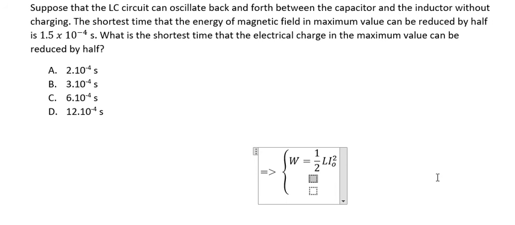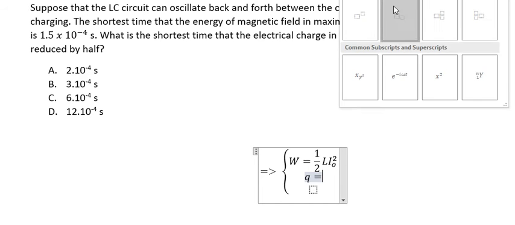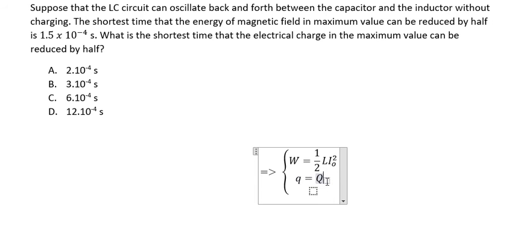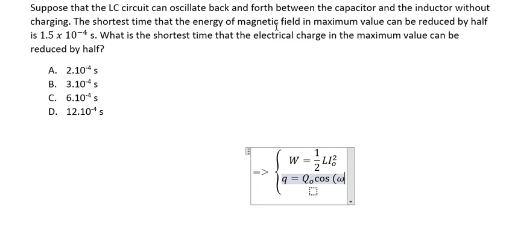The second formula is Q equals Q naught multiplied by cosine omega t. Omega is the angular frequency and t is the time.